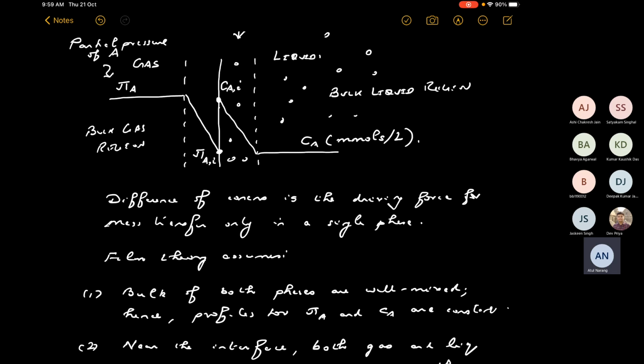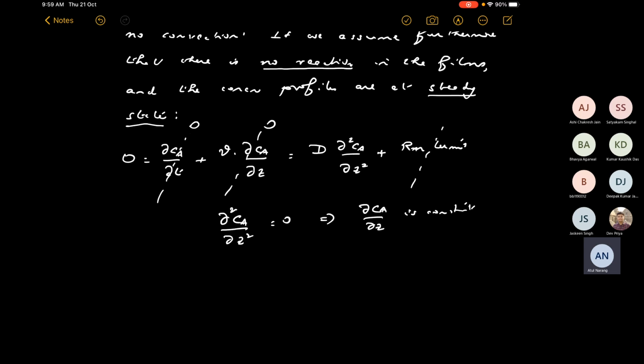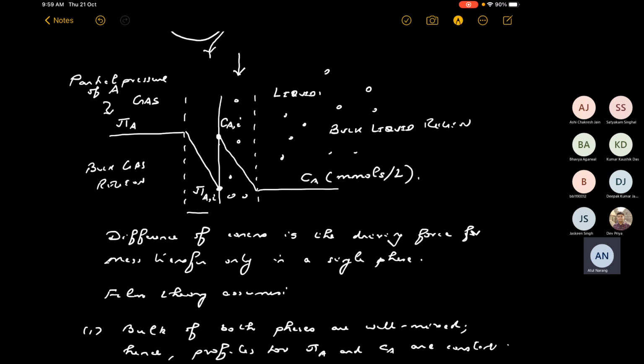This comes about because of the two assumptions that we have made: there is no consumption and the profiles are at steady state. So with these assumptions, let's say this represents Jg, the flux in the gas phase, and this is JL, the flux in the liquid phase.